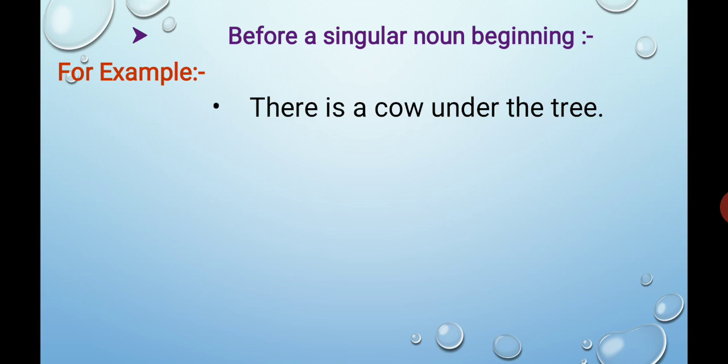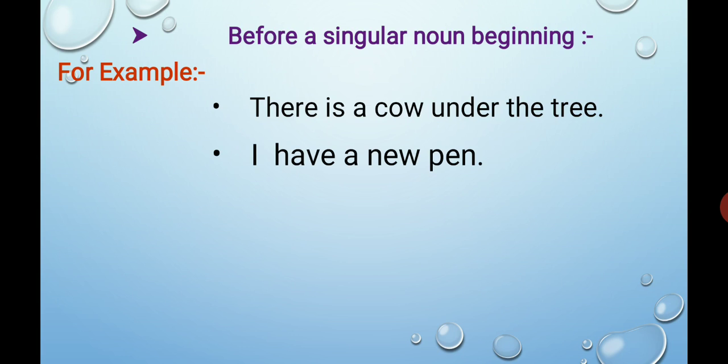A or an, right? Before the noun we use articles, and if the noun begins with a consonant we use a, right? Here cow is one and the spelling begins with C, so we use a to show the cow is in a singular form.